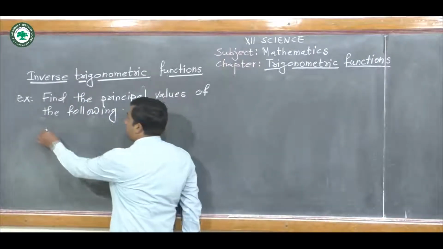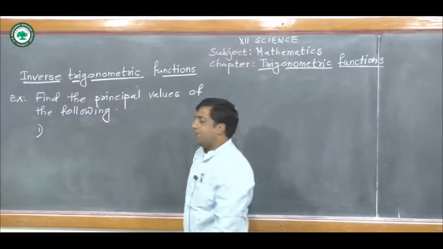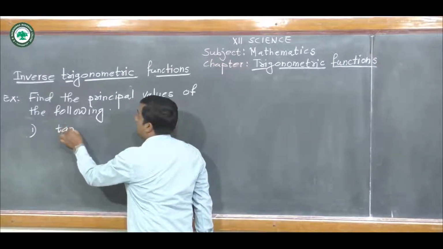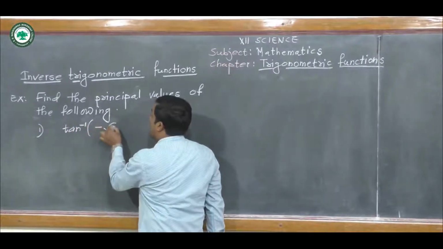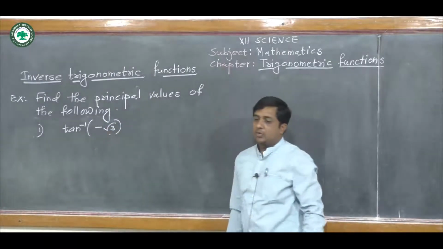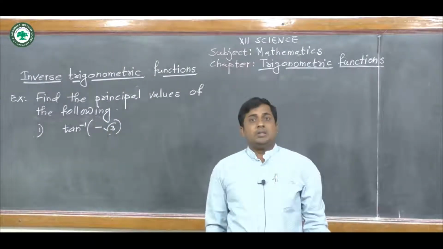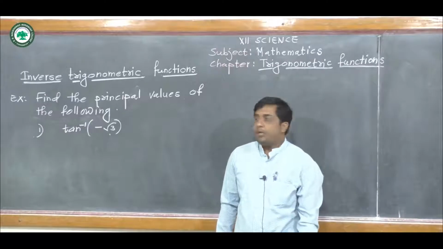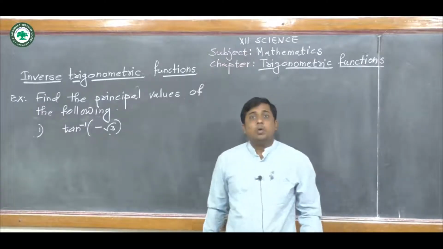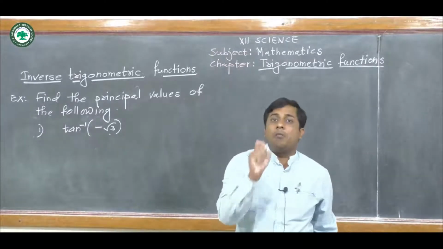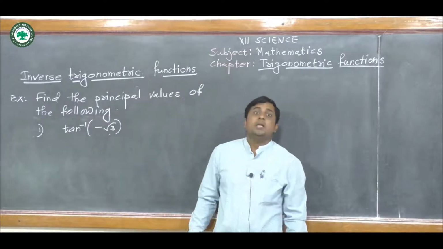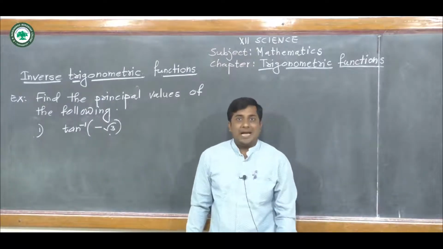Let's go with our first function, which is tan inverse of minus root 3. Now, to find the principal value we have to consider the principal value branch for the inverse trigonometric function tan.